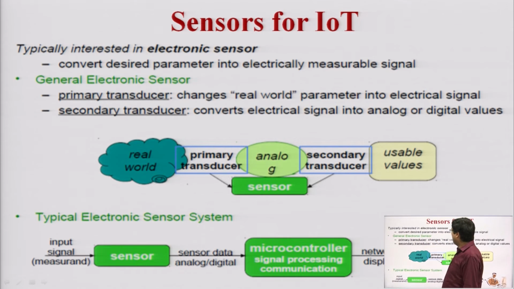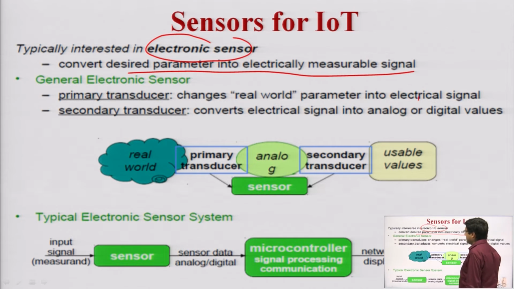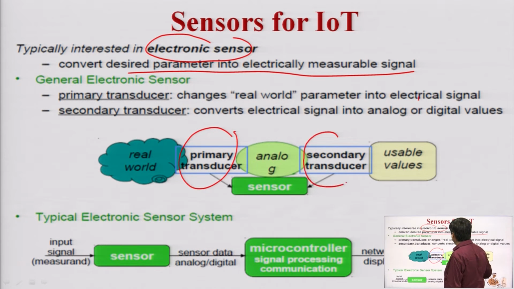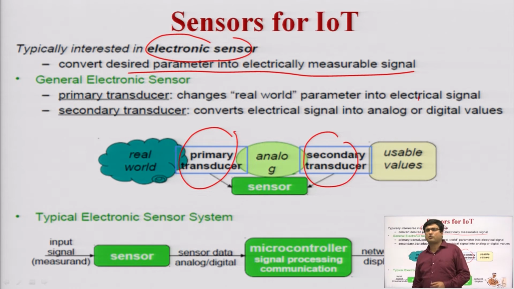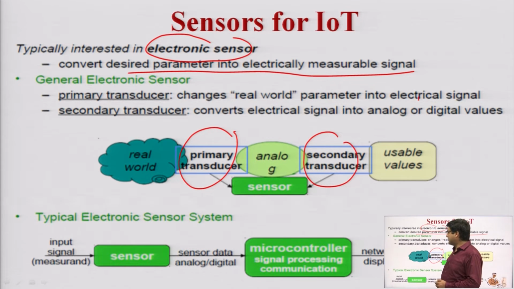So, typically we are talking about electronic sensors. An electronic sensor converts the desired parameter into an electrically measurable signal. A general electronic sensor, as we saw in the previous slide, uses two concepts, a primary transducer and a secondary transducer. In our further slides we will see about transducers. A transducer converts one form of energy into another form of energy.